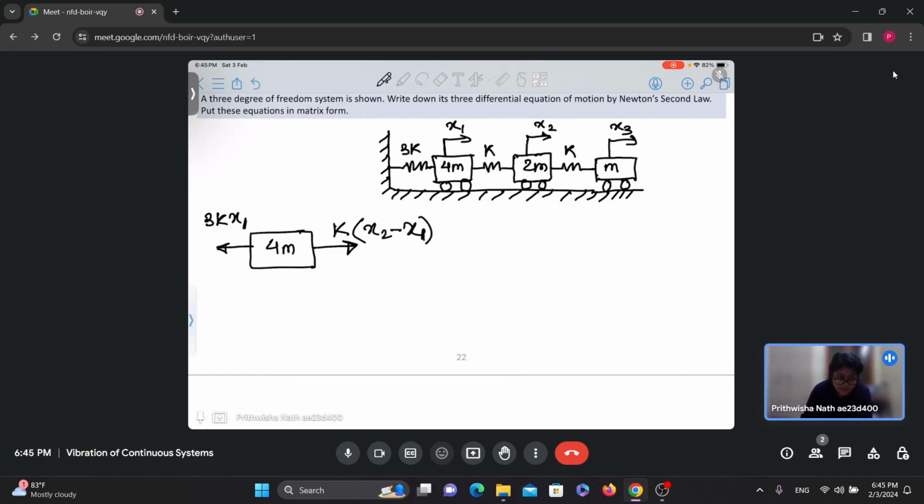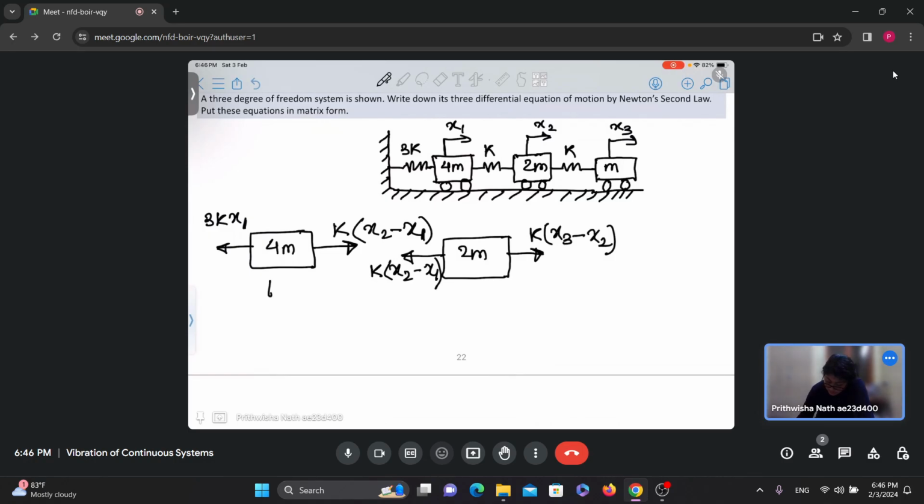Similarly, for the second mass, this should act in the opposite direction. So on the right, we can write this as k into x3 minus x2.